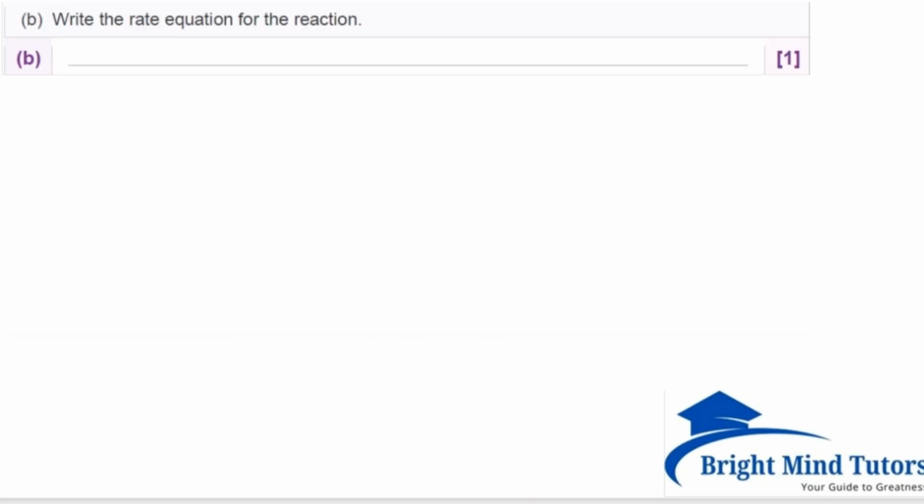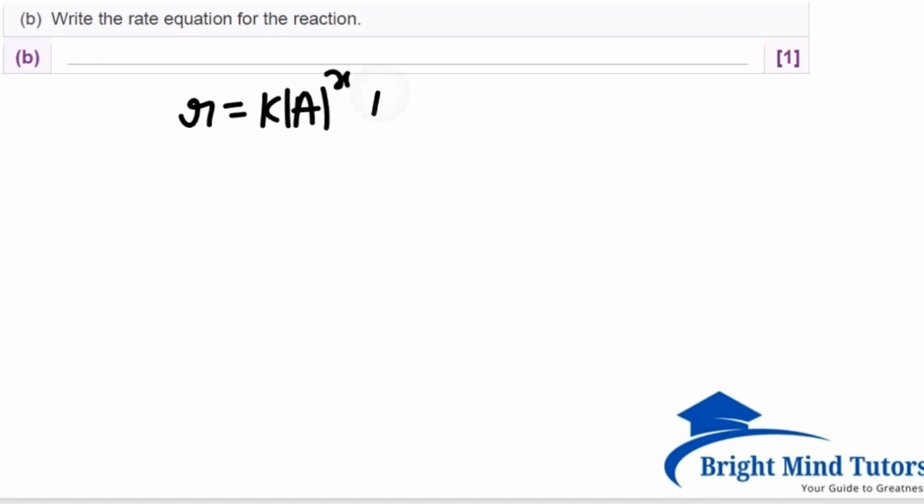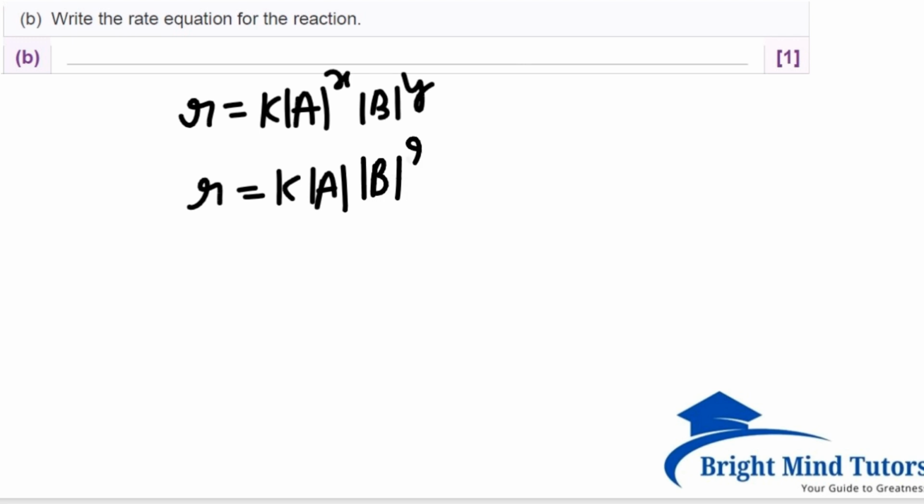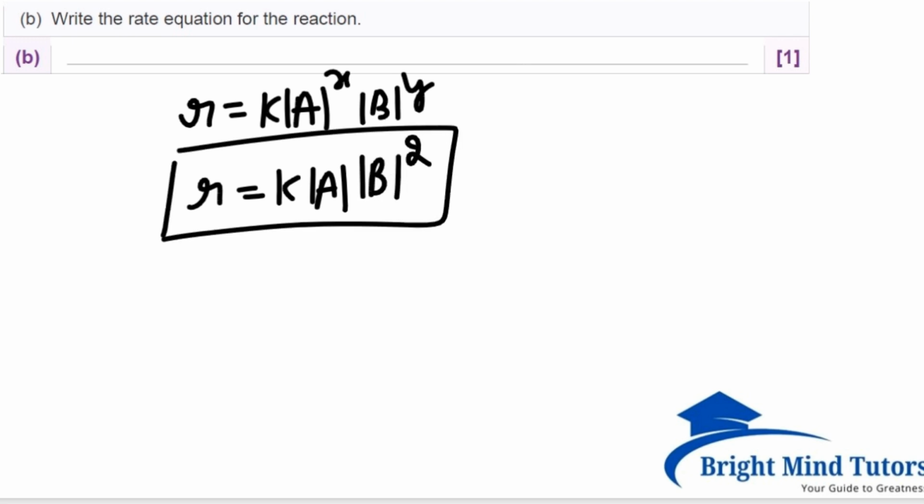So the rate expression is R = K[A]^1[B]^2. This is going to be the rate equation, right? If you write this particular equation, you will get 1 mark for this.